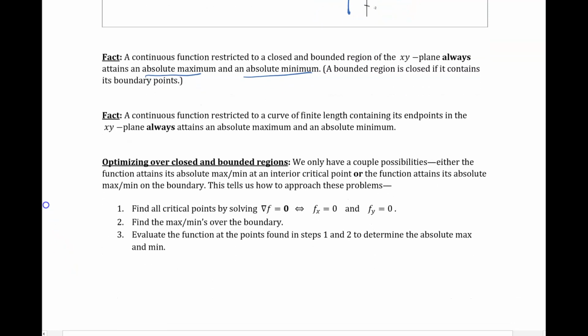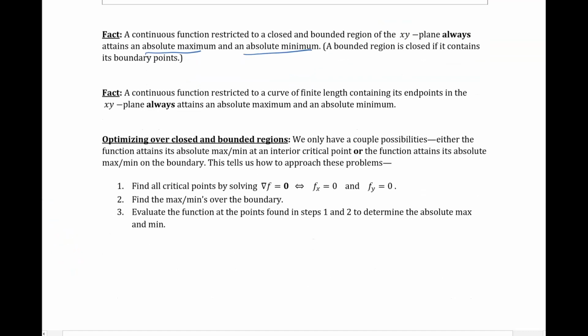How do we do optimization over closed bounded regions? Well, there are only a couple of possibilities, very similar to what we saw in Calc 1. The absolute max and min are either going to happen at one of the boundary points, or at an interior critical point. So we go through the following steps. We find the critical points like usual.